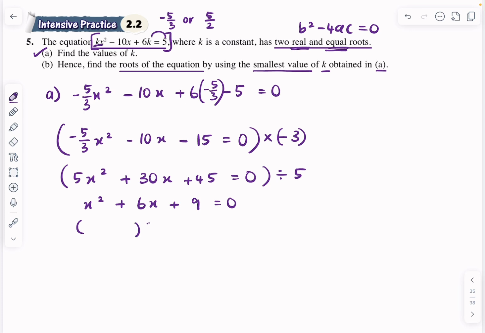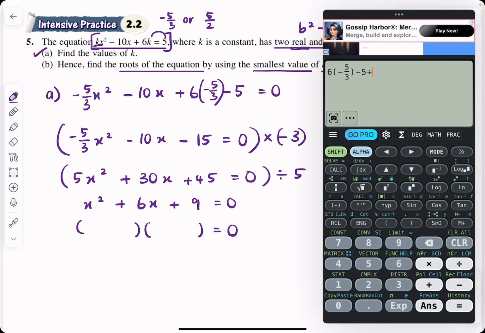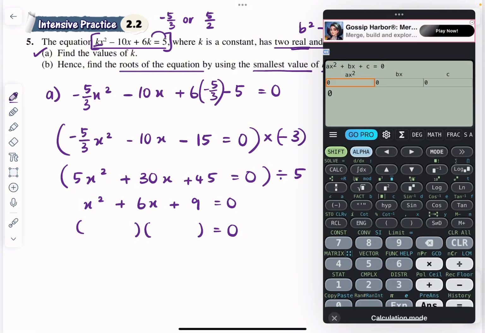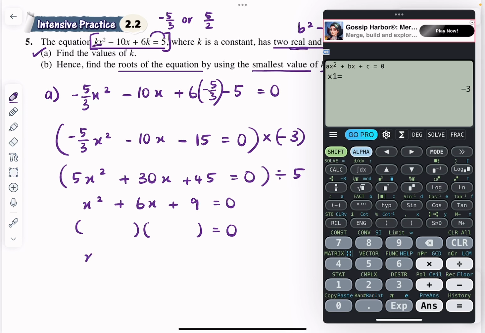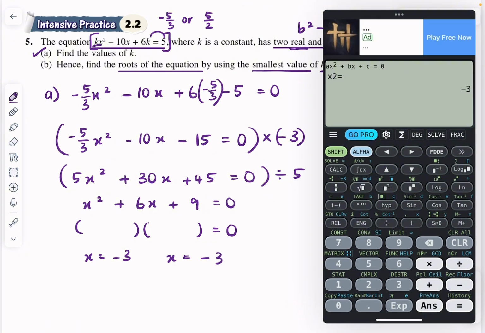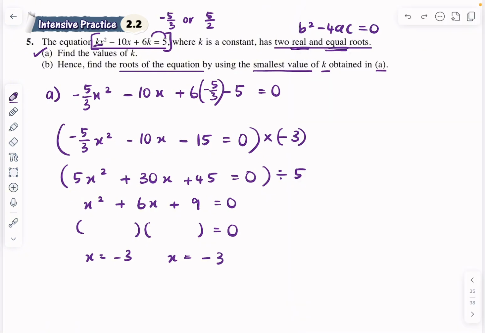Now we can factorize. So you just use your calculator. A is 1, B is 6, C is 9. So x is negative 3 and x is also negative 3. Okay, so if we put it into the bracket, we'll get x plus 3, x plus 3.